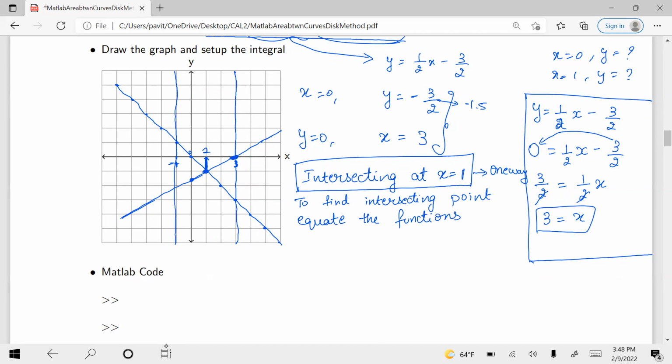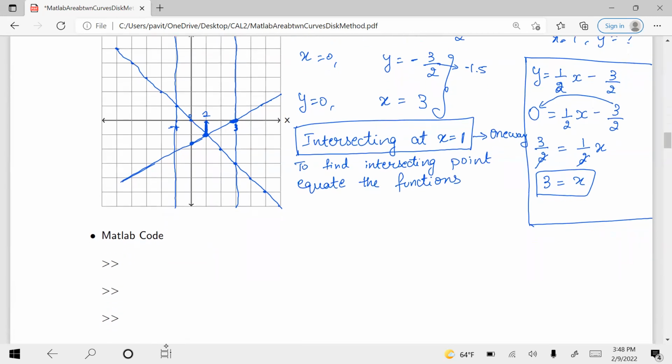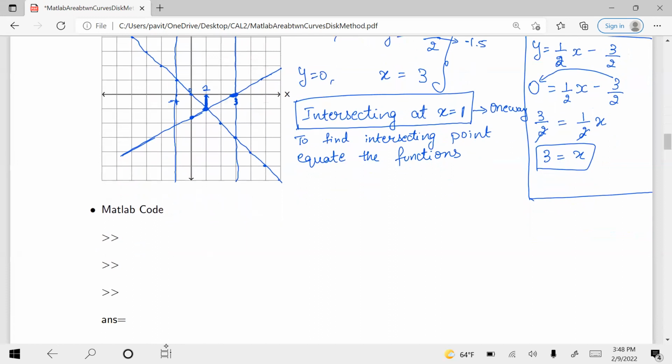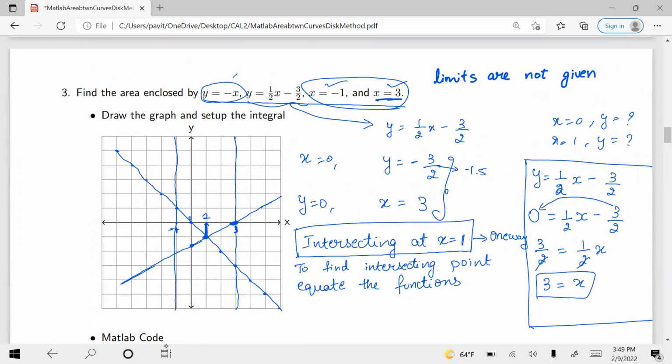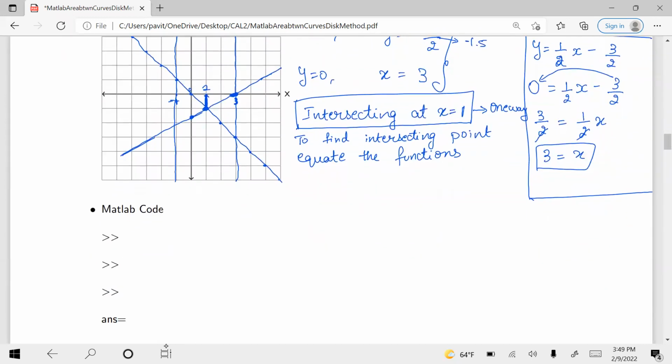Now, how many functions do I have? I have two functions, right? y equal to negative x, and y equal to half x minus 3 by 2. So y equal to negative x, equating means you're going to just put an equal sign and then write the other function here.